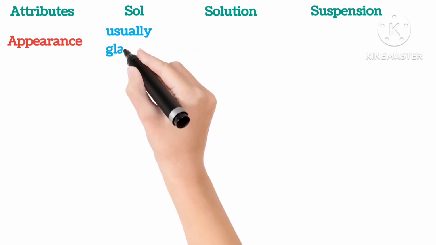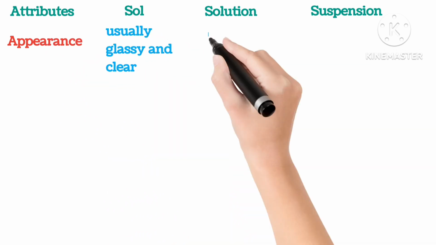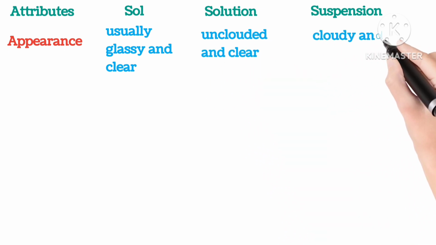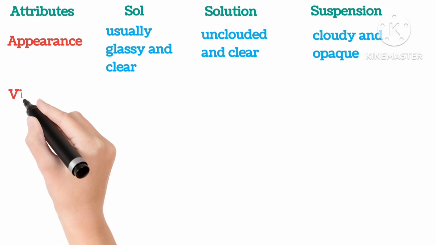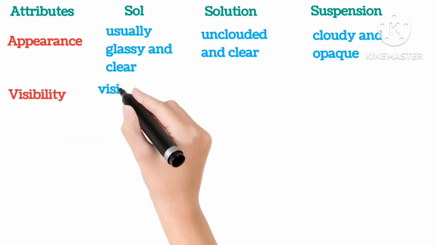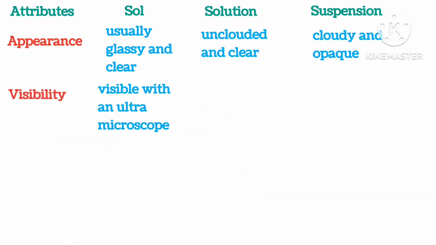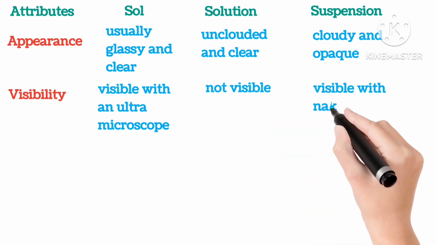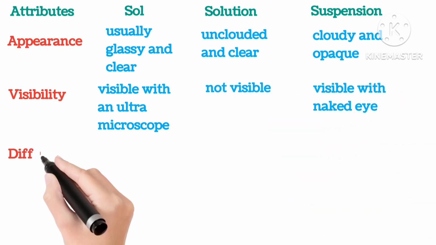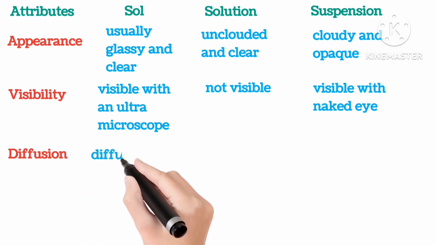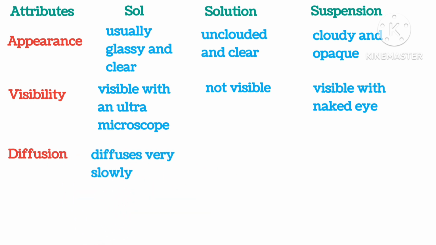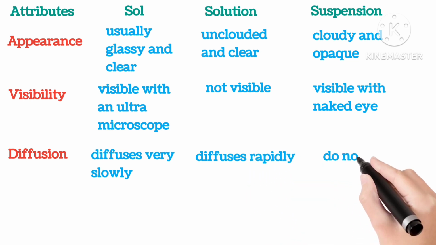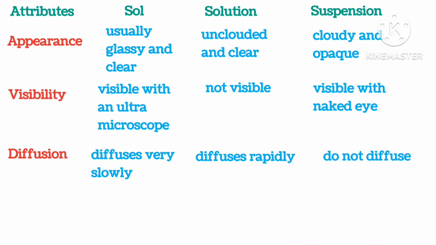Appearance: sols are usually glassy and clear, solutions unclouded and clear, suspension cloudy and opaque. Visibility: sols are visible with an ultramicroscope, solutions not visible, suspension visible with the naked eye. Diffusion: sols diffuse very slowly, solution diffuses rapidly and suspension does not diffuse.